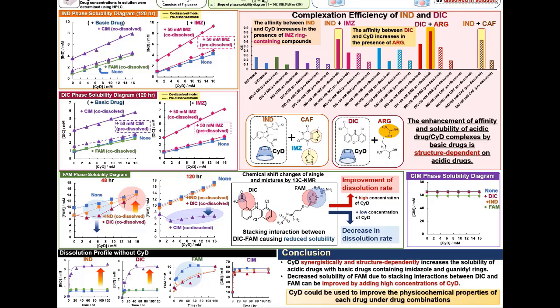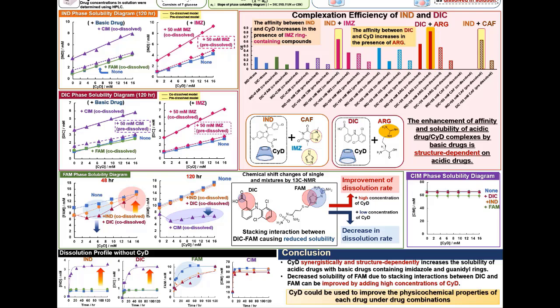The radius of the circle indicates the magnitude of the change in the chemical shift for each carbon. Previously, we reported from this carbon NMR measurement that diclofenac and famotidine, when in coexistence, shift the amino group of diclofenac and the guanidyl group of famotidine to higher magnetic field, resulting in a stacking interaction from above the aromatic ring.